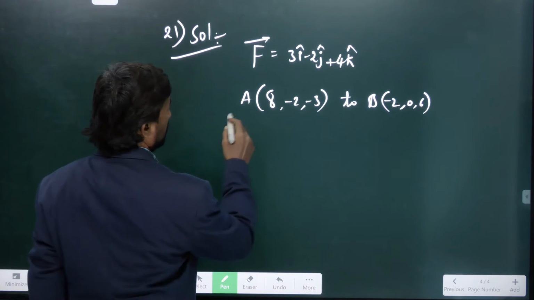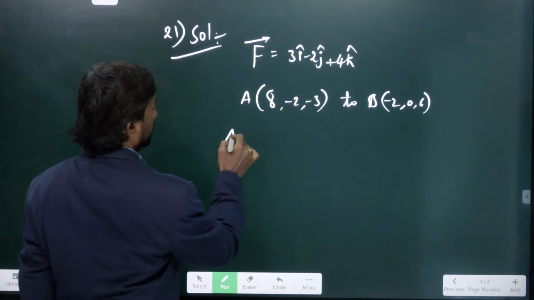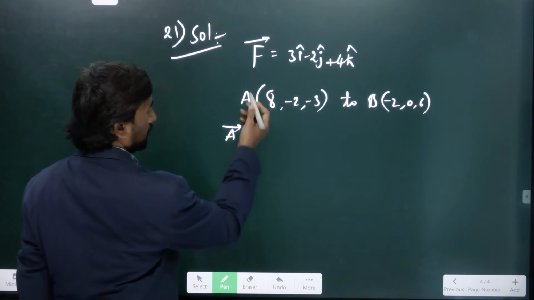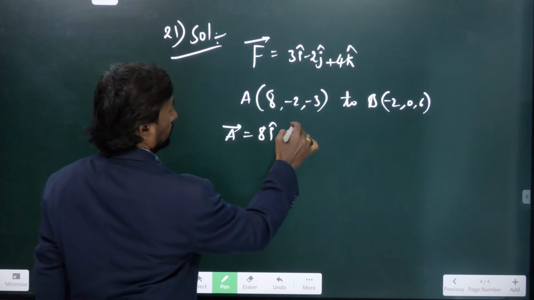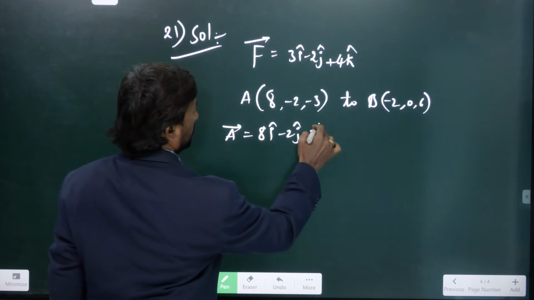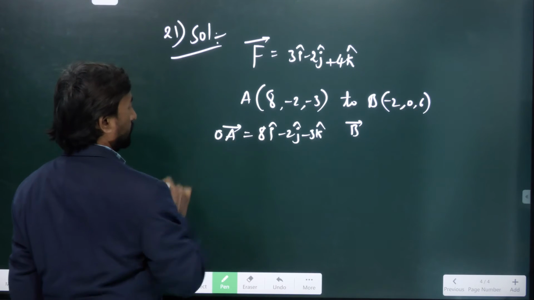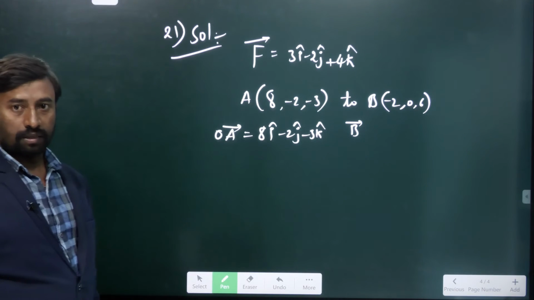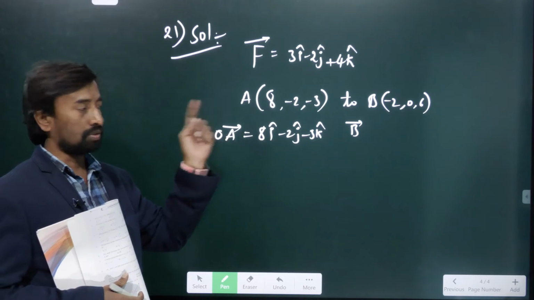Now we can write this in vector form. A bar can be written as 8 i cap minus 2 j cap minus 3 k cap. Let us consider it as OA because it is a position vector. These are the coordinates of the points in the coordinate system.